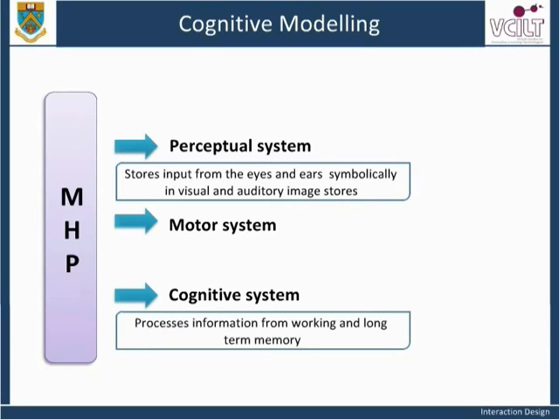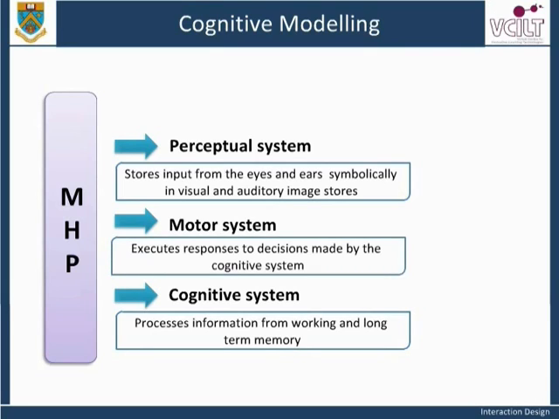Cognitive system: processes information from working and long-term memory to make decisions about how to respond. For example, processing the fact that there is a loud warning noise, recalling that evasive action should be taken in such situations, and deciding to run to the pavement. Motor system: executes responses to decisions made by the cognitive system.